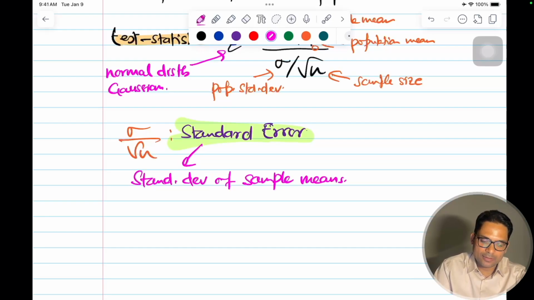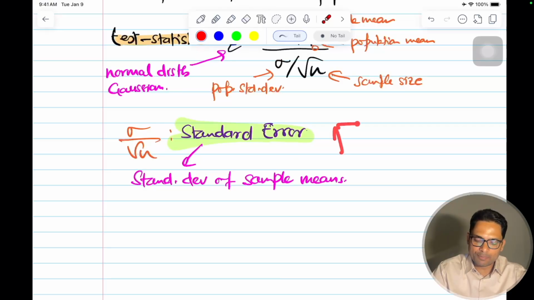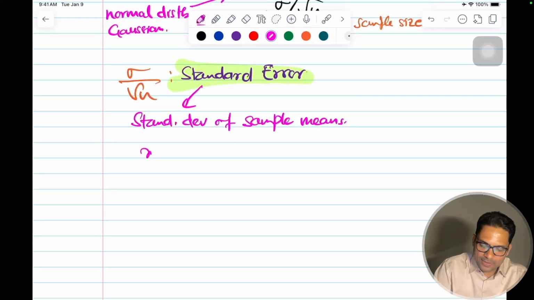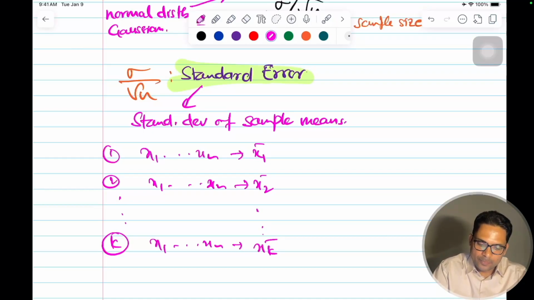If you remember the central limit theorem, we took multiple samples, x1 to xn, trial 1, trial 2, like this we did k trials, and then we had x1 bar, x2 bar, like this xk bar.